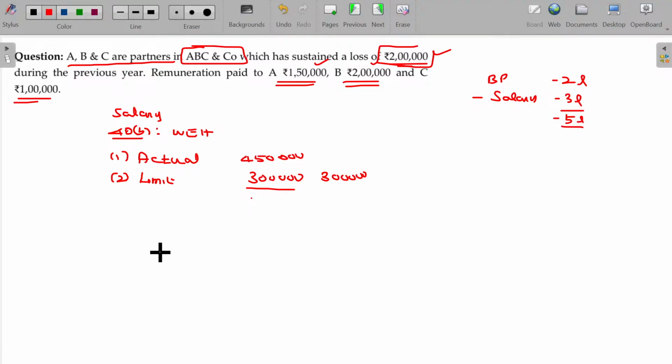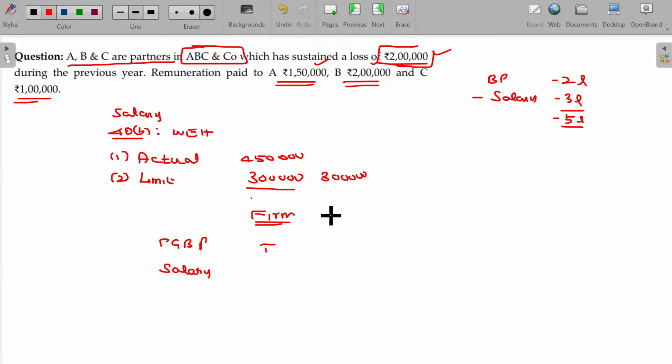Clear? So what happens here? Firm, salary, PGBP shared, salary also given. PGBP will be taxable in the hands of whom? Firm.